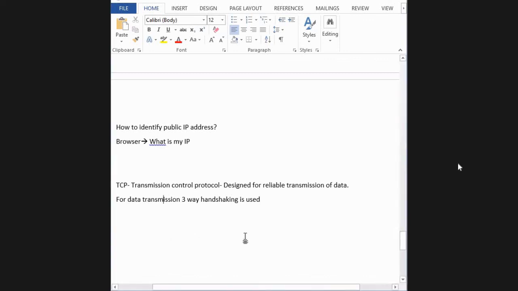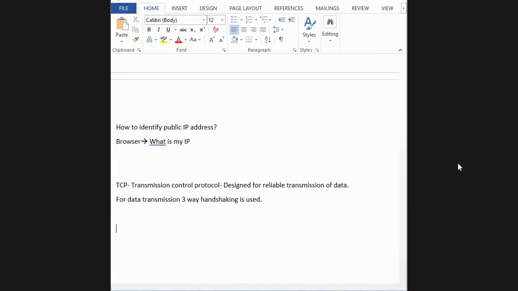Ma'am, we have 2-way handshake also, no ma'am? What is the drawback over there? Why are we going to 3-way handshaking? I think the 2-way handshaking is not used; only the 3-way handshaking concept is used. Why?